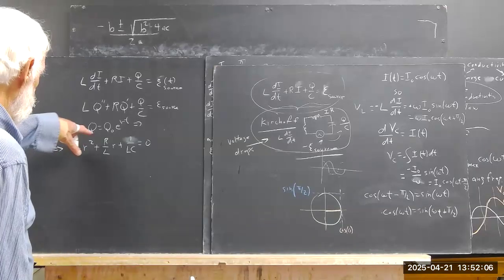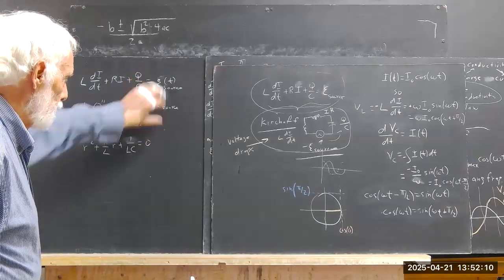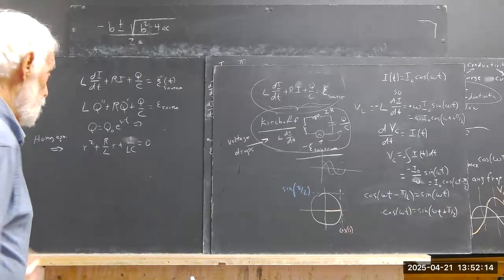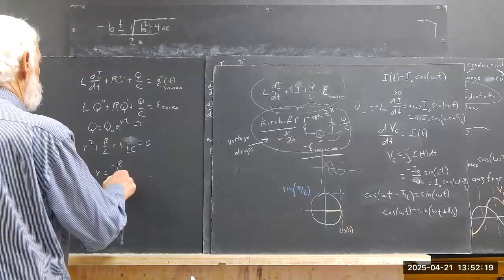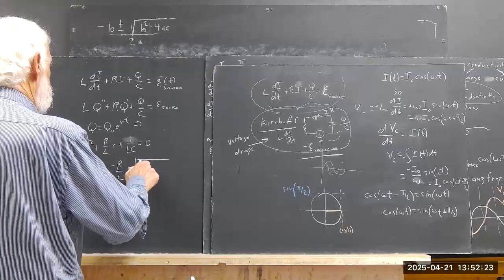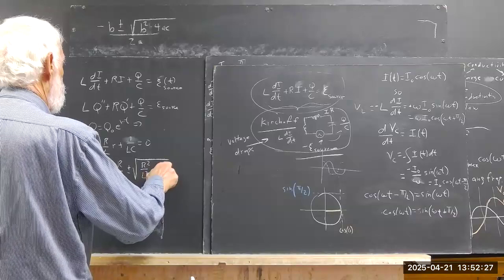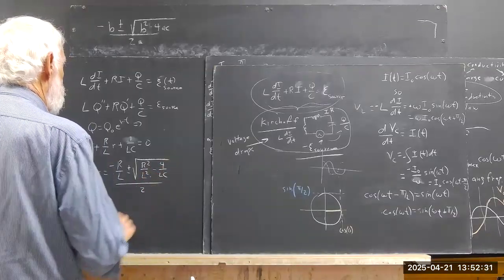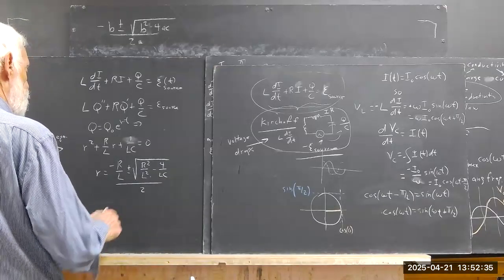For the homogeneous equation, if you just let Q equal Q naught e to the rt, where homogeneous means set the right-hand side equal to 0, you get this simple equation.